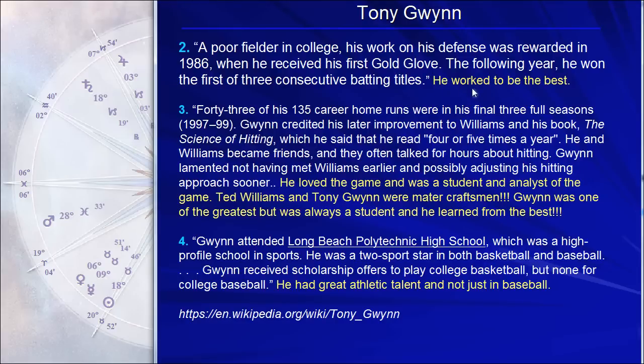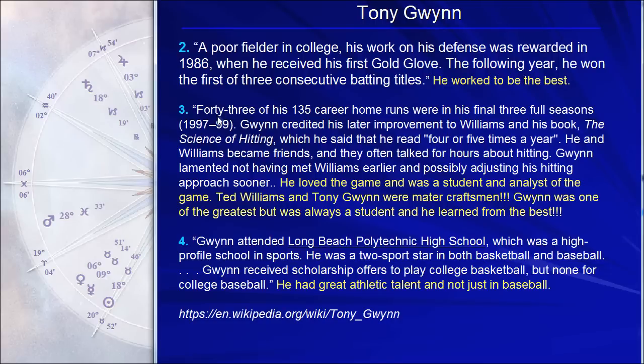And I put here in smaller font, in yellow here, he worked to be the best. Think about it. He was a poor fielder, and then he gets the Golden Glove Award. Years later, practice, practice, practice.